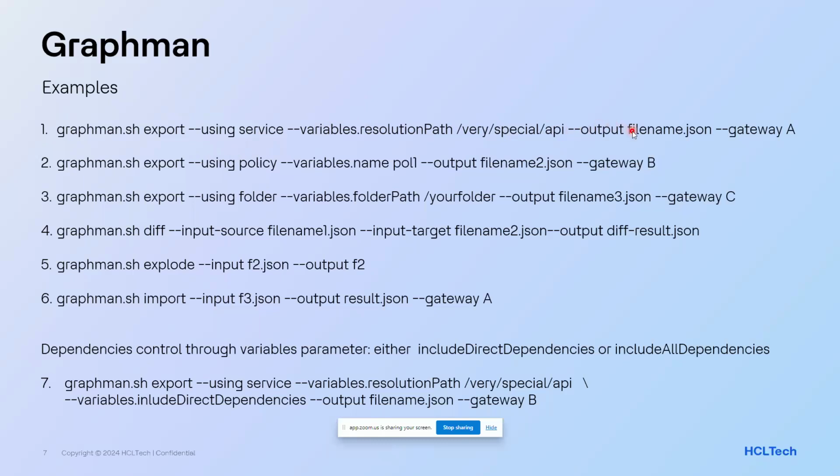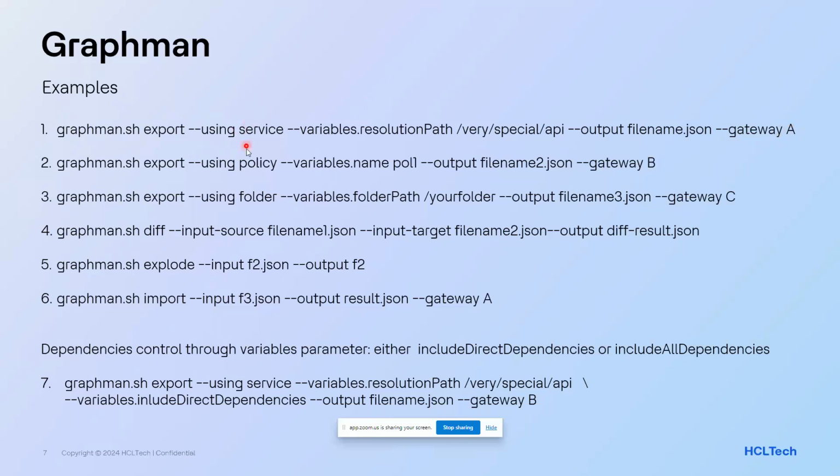I'm specifying an output file name, and of course a gateway, which gateway to connect to, which gateway I want to export from. You can maintain a list of gateways, which is very helpful as well. However, you can also specify your connectivity parameters on the command line directly. So you have flexibility there as well.